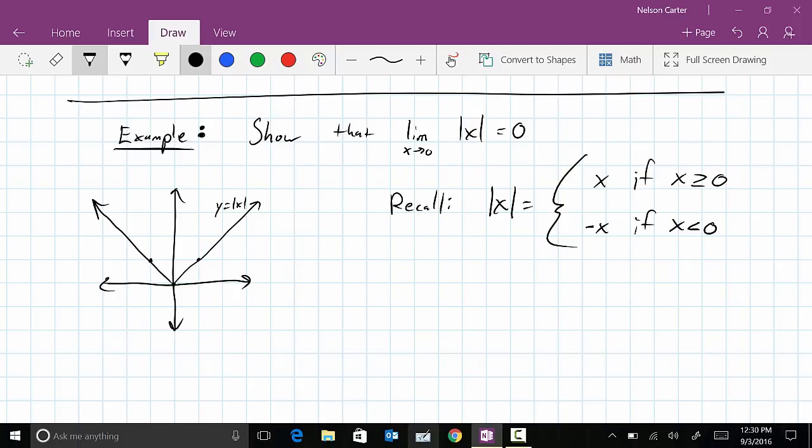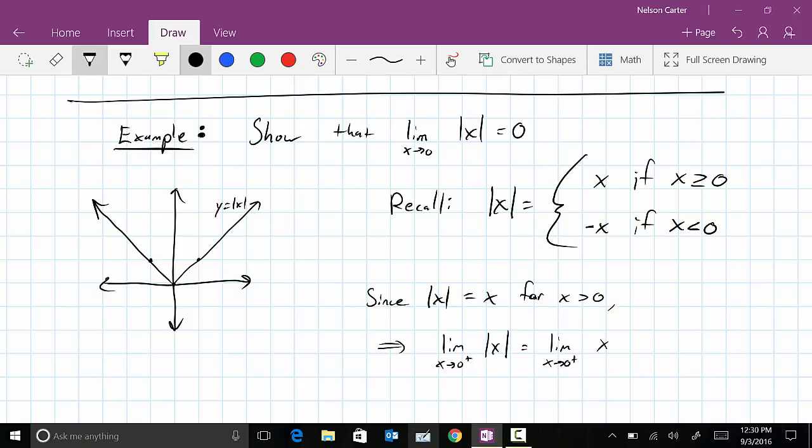We know that since the absolute value of x is equal to just x when x is greater than 0, then that implies that the limit as x approaches 0 from the right of the absolute value of x would equal the limit as x approaches 0 from the right of just x.